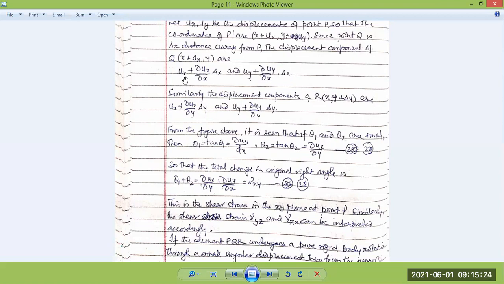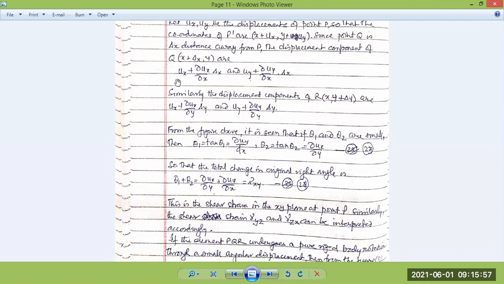Then we judge the rate of change of ux with x, meaning how ux changes with a change in x, multiplied by the length delta x, and add it to the original ux. Similarly uy is uy plus the rate of change of uy with delta x, times delta x, added to the original.